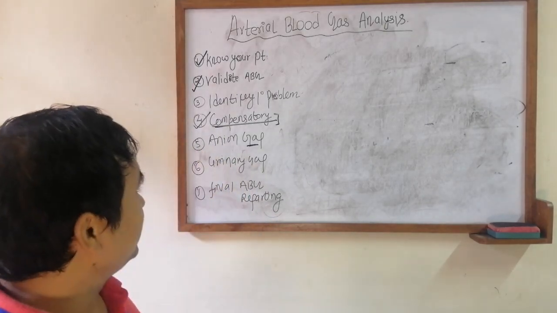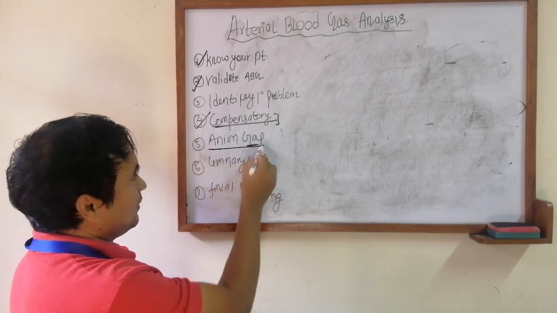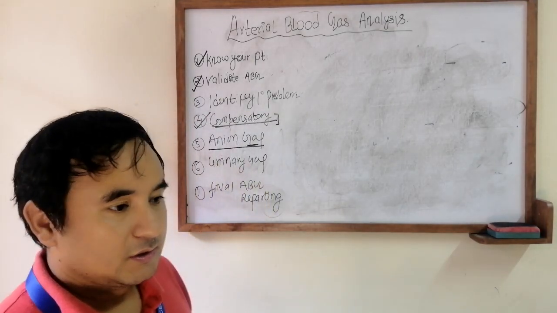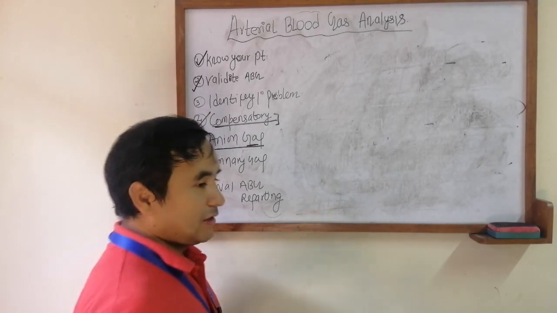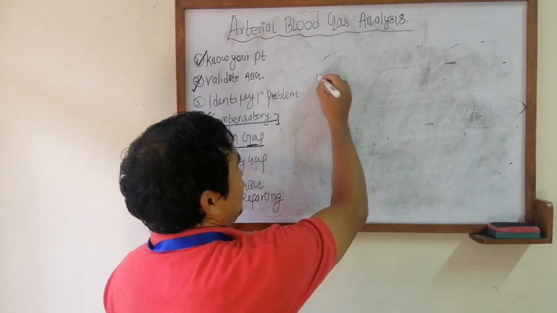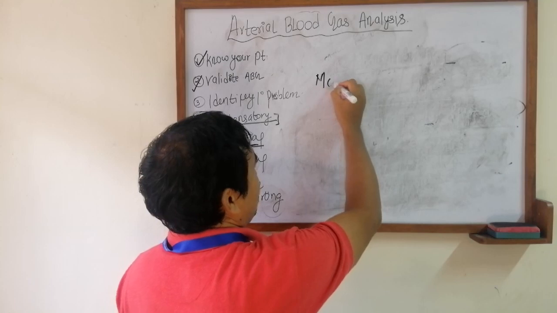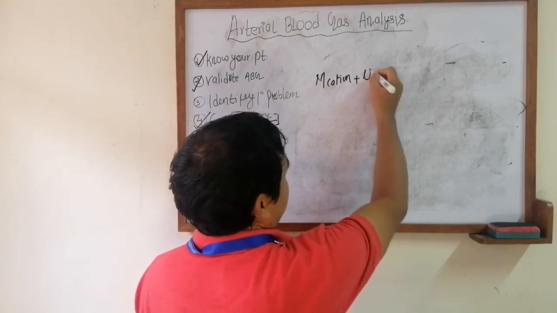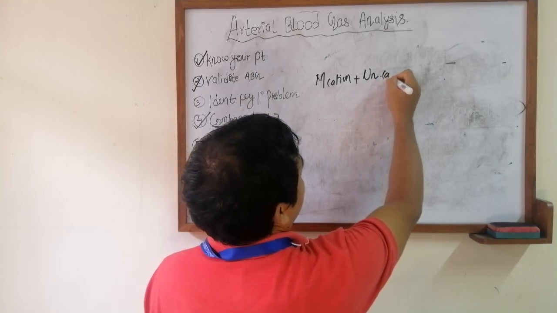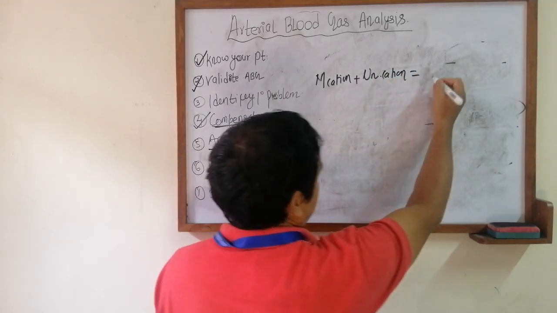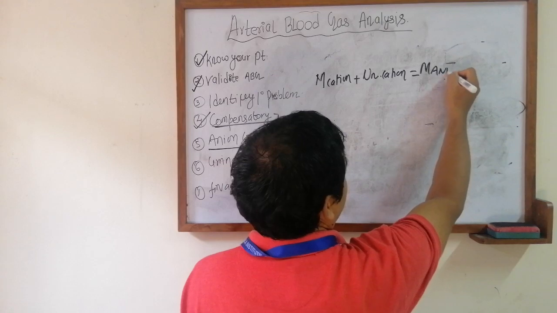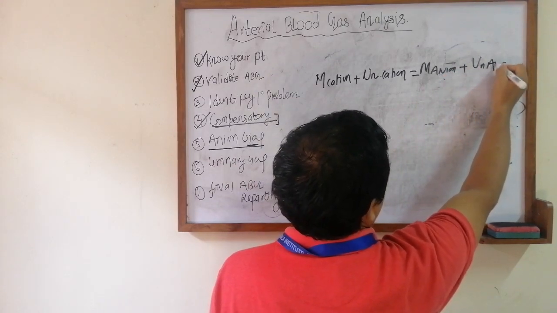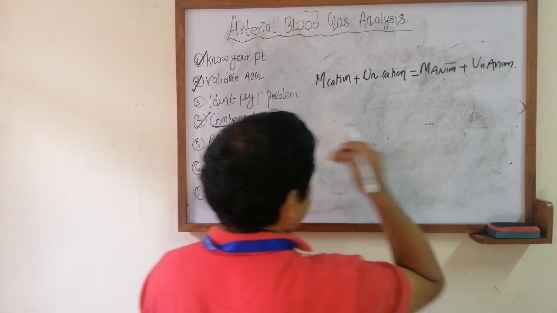Then for the anion gap, we usually calculate the anion gap in a patient with metabolic acidosis. Simply, in our blood there are measured cations and unmeasured cations, which should equal the measured anions plus unmeasured anions.